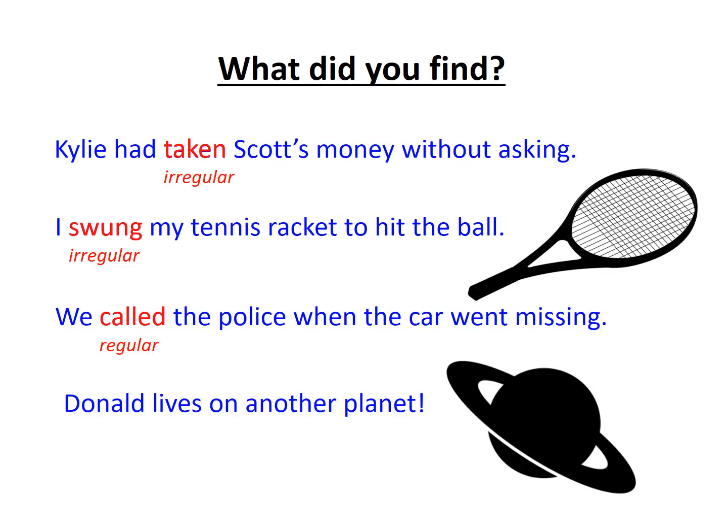We called the police when the car went missing. That's regular and it's in the past tense. And went is irregular and in the past tense. Donald lives on another planet. This is the regular verb and it's referring to Donald in the third person.